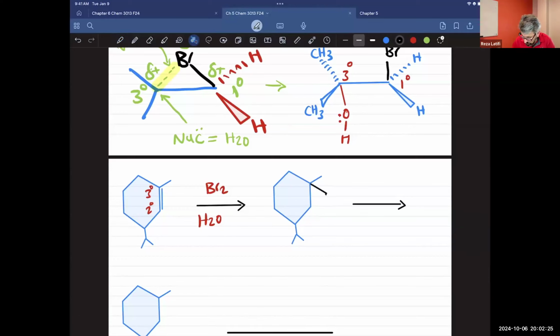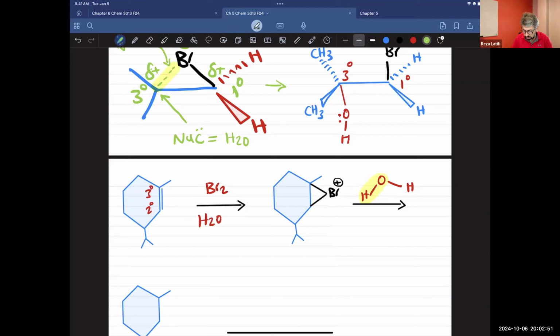And now bromide will have a positive charge. Okay, and water will provide OH as a nucleophile, and it will attack these two carbons.